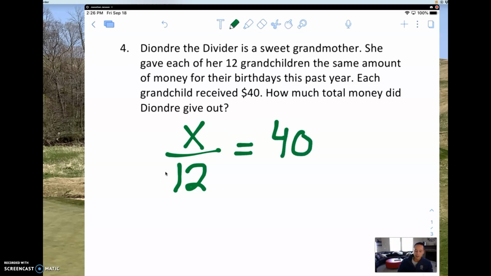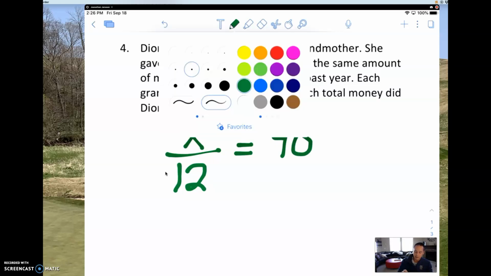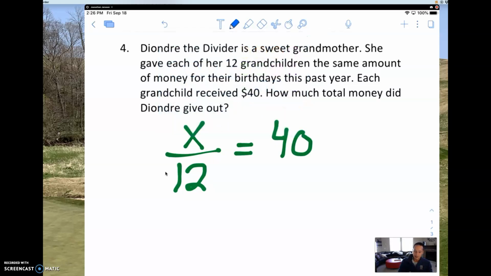So I want to know how much total money did Deandra give out? So what's happening now is this x is being divided by 12. So the opposite of dividing is multiplying. So we're going to multiply by 12 on both sides.